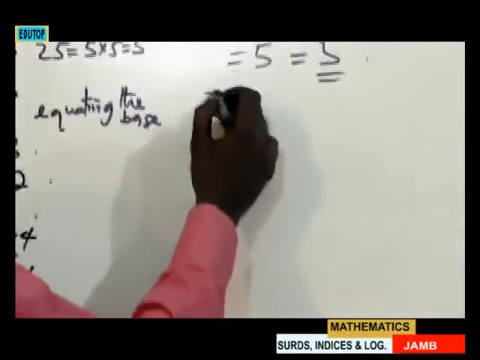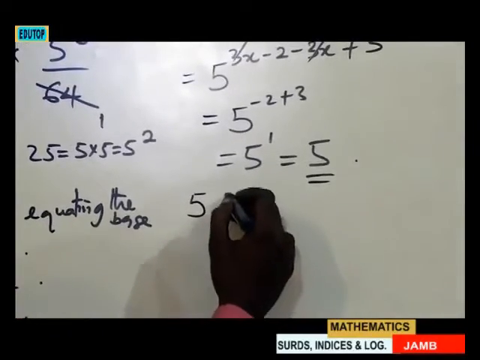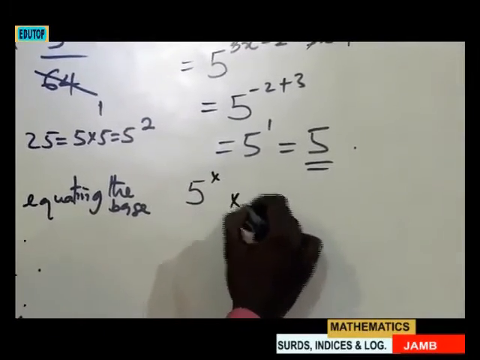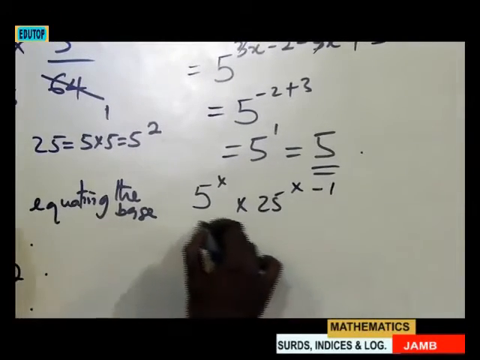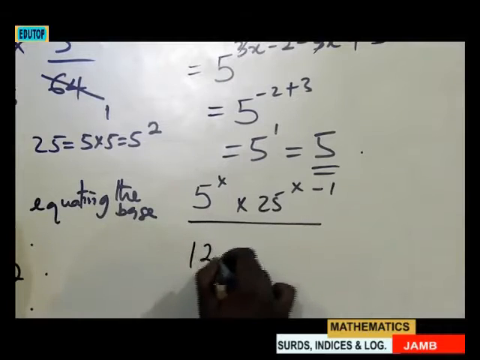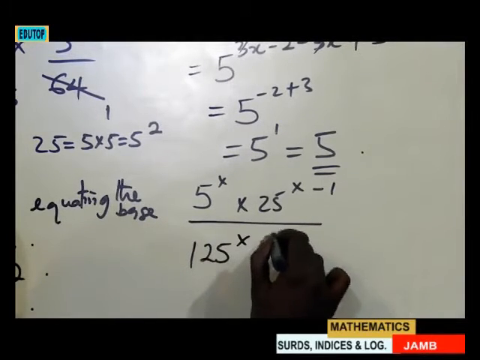Unless this question is twisted like 5x times 25x minus 1 over 125x plus 1.